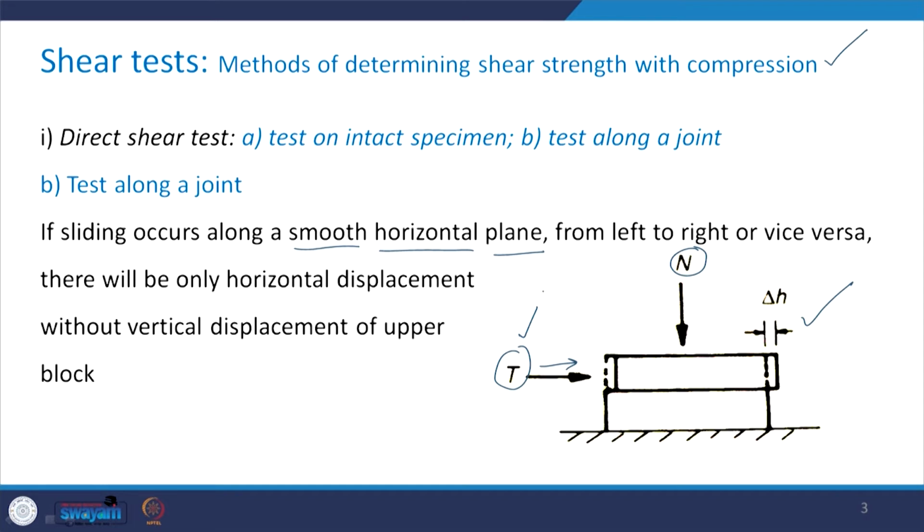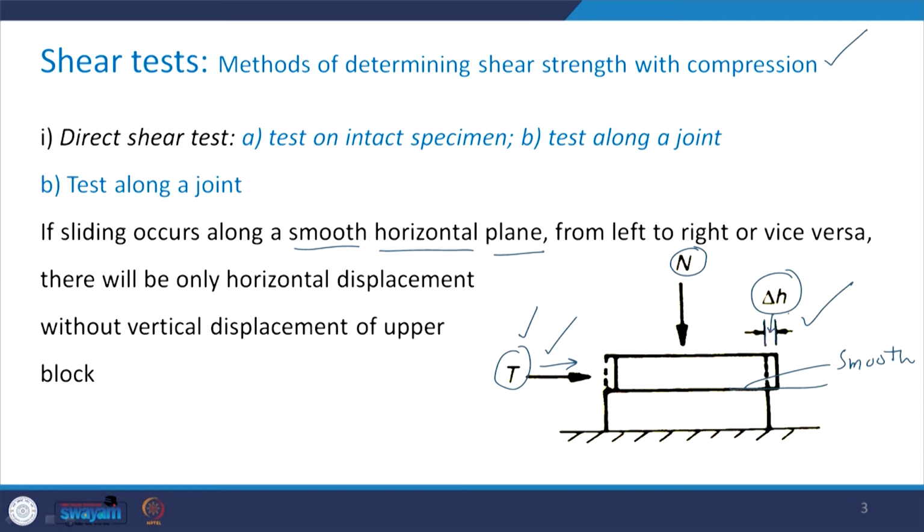There is going to be sliding along this horizontal plane, which is also smooth. Because of this sliding, there is going to be displacement in the direction of the application of this load. Say that displacement is delta H, which is shown here, this portion.